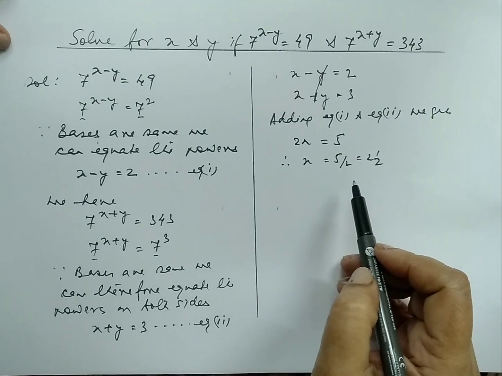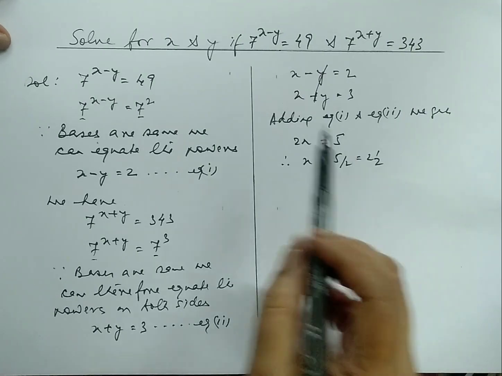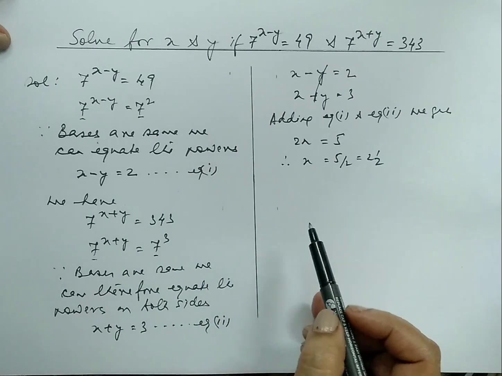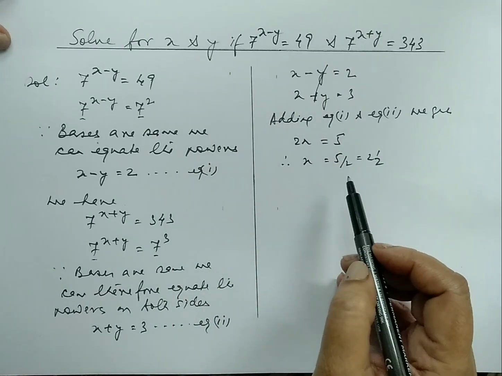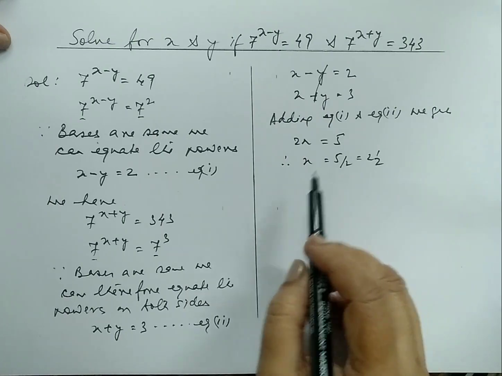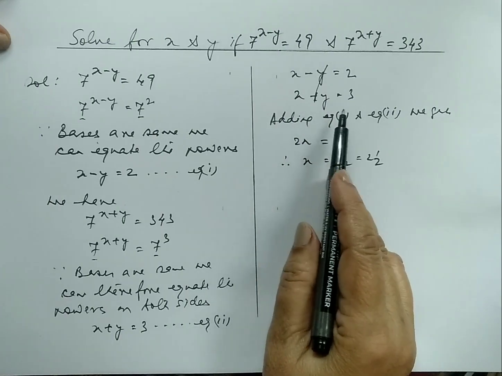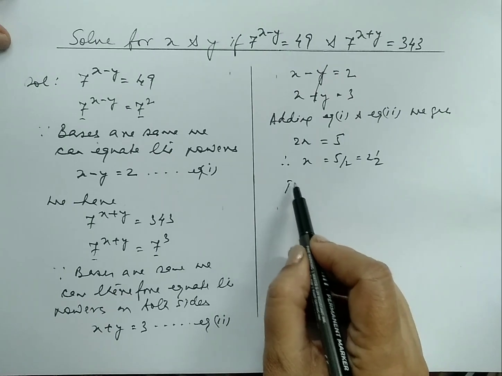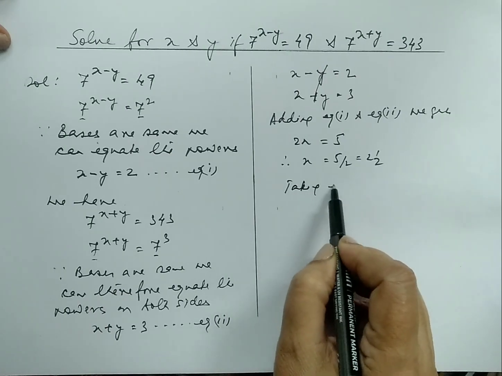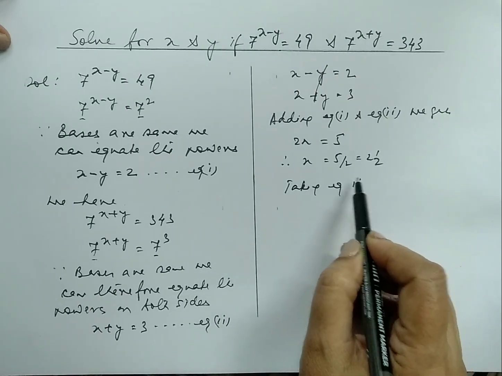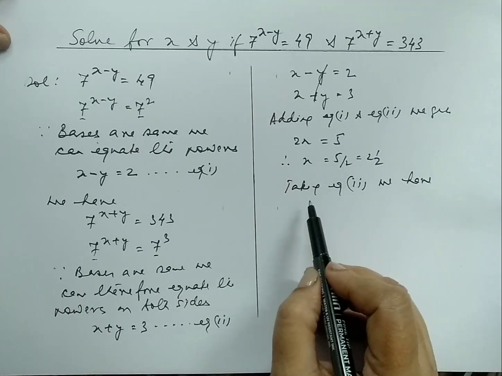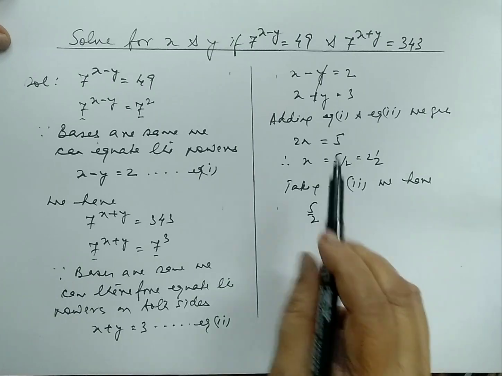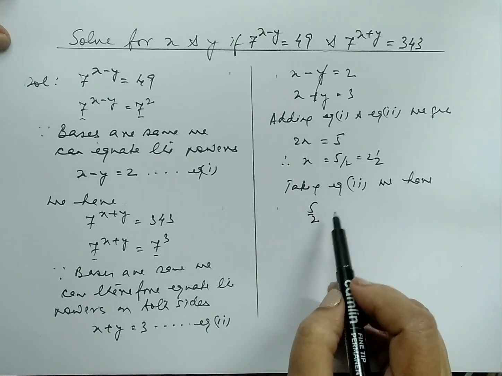Now what next? Obviously we have to look for the value of y and we can use one of these equations for our help. So let's take x plus y equals 3. So taking equation 2, we have x is equal to 5 by 2, isn't it?